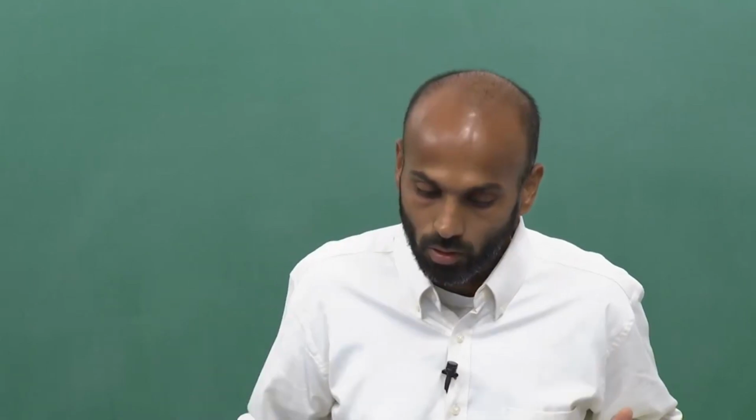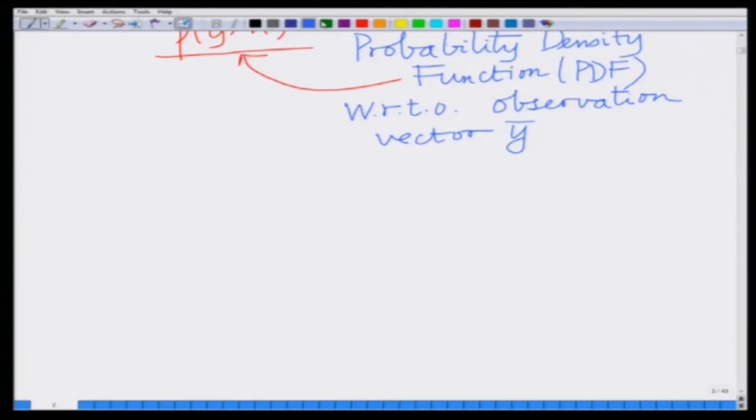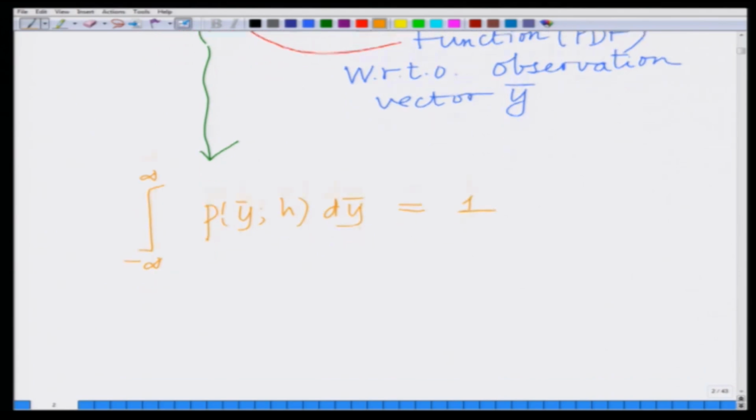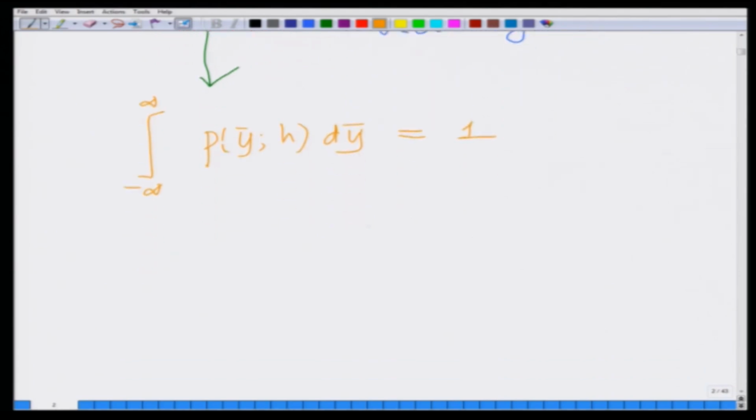Therefore, we must have the integral from minus infinity to infinity of p of y bar parameterized by h, d y bar, equal to 1, that is the integral of this probability density function is equal to 1.